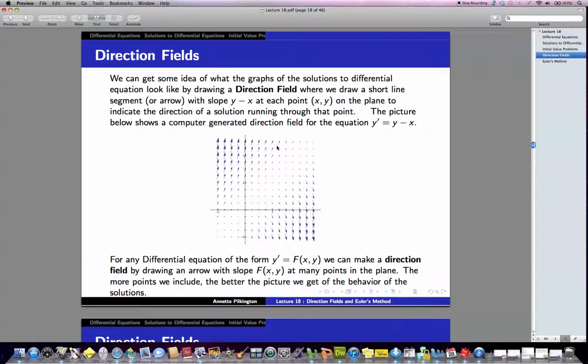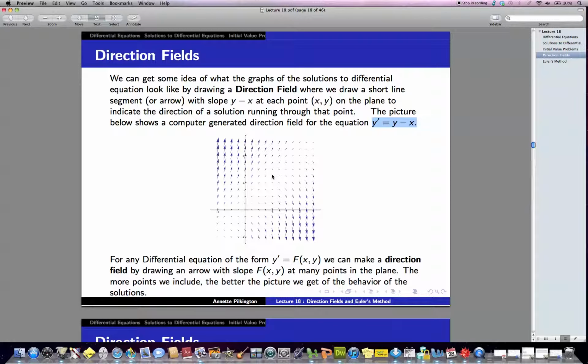And so here's a bunch of arrows drawn by the computer, and this shows the slope of the solutions to the differential equation y prime equals y minus x at all of these points. You can see here it shows a grid of points, and of course the more points you choose, the better the picture you get showing what's happening, the solutions at these particular points in the plane.